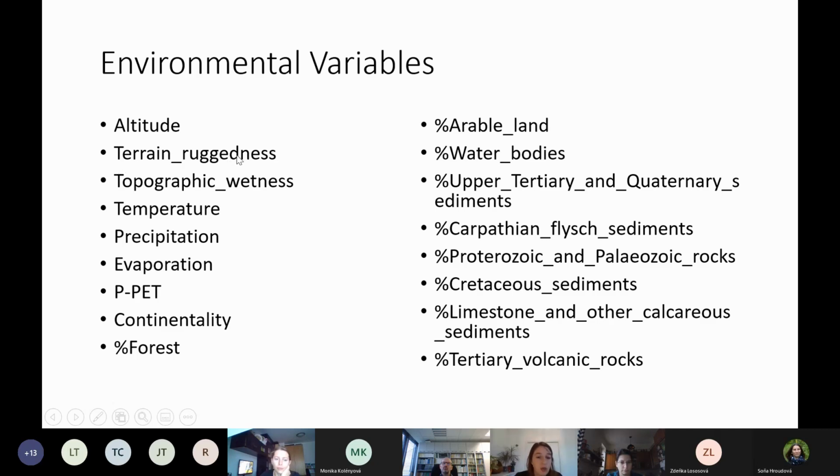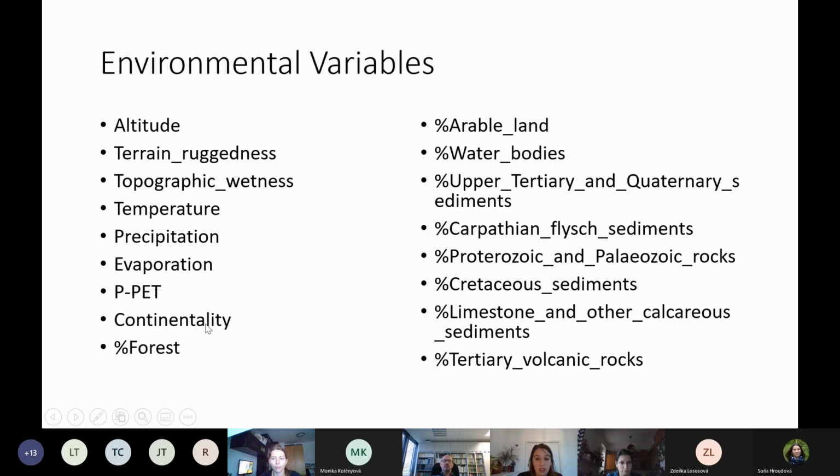For example, ruggedness is how rough the terrain is, and topographic wetness is the concavity of the environment, so it means that it can retain more water. We also have the difference between precipitation and evaporation, which is a measurement of drought.